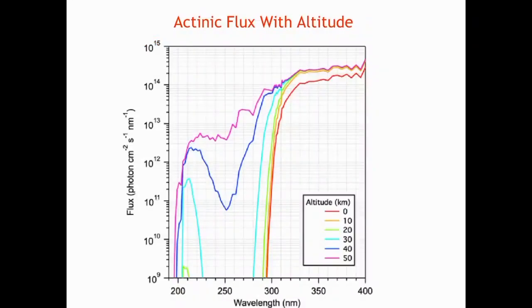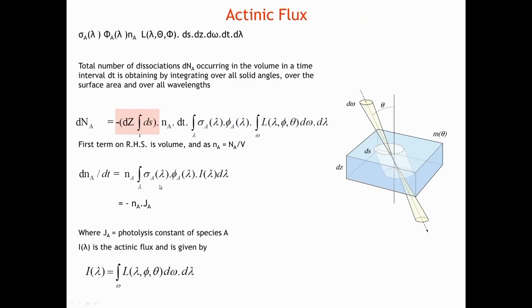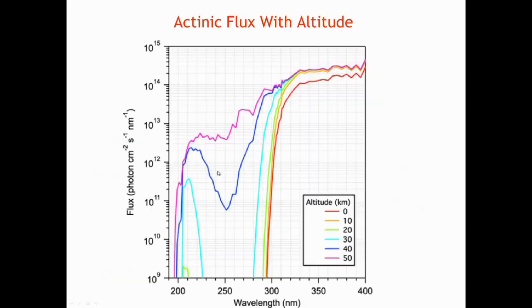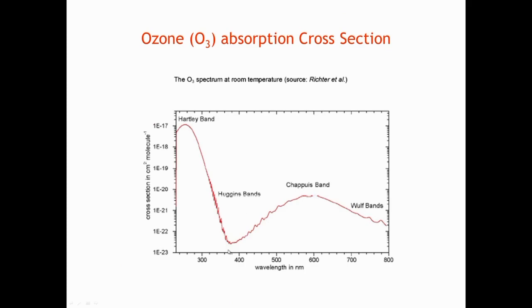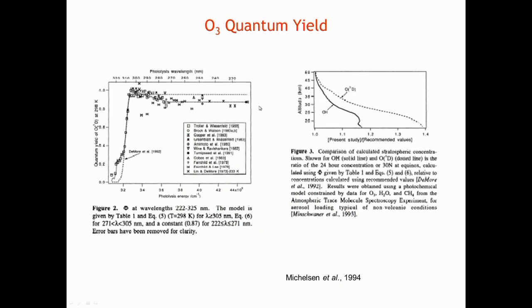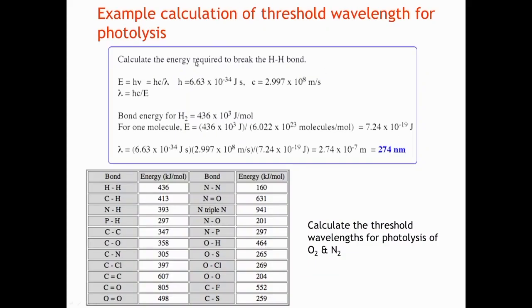If you were being asked to do calculations, it would simply be based around the fact that you've got absorption cross-section, quantum yield, and actinic flux, that this is the sort of profile through the atmosphere of the actinic flux, this represents absorption cross-sections, this is quantum yield, and these are how you calculate bond energies. So photolysis is fairly simple as a concept.